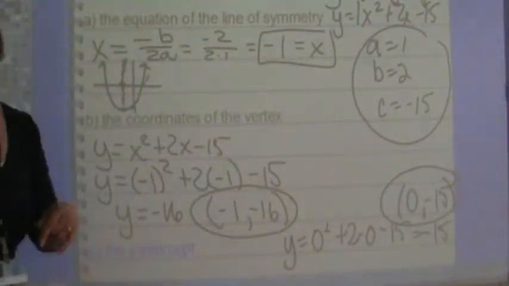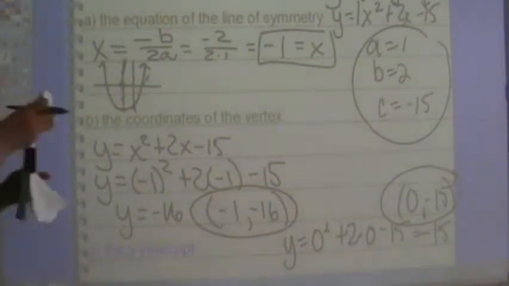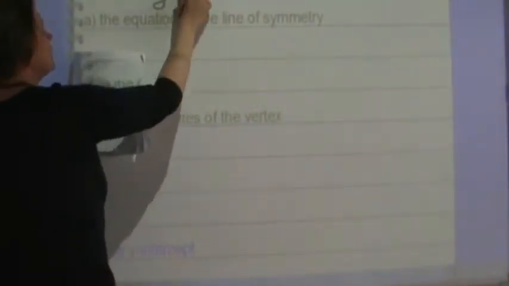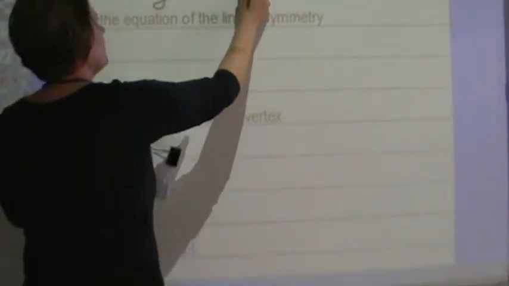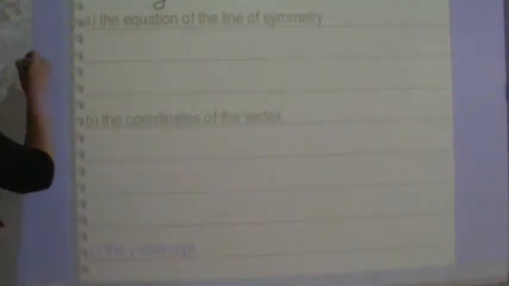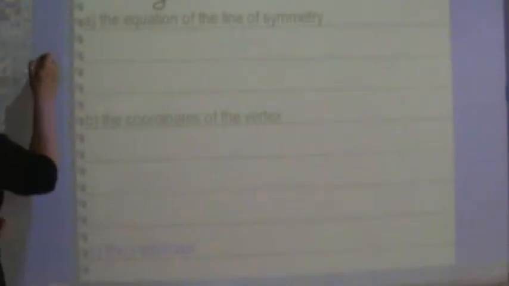Grab your worksheet and we'll try one off of there. Let's try number 25, which says y equals x squared minus 6x minus 5. First we identify our a, b, and c.